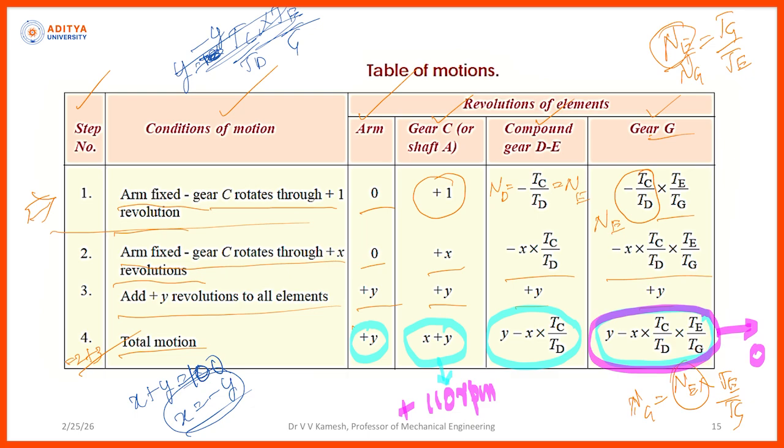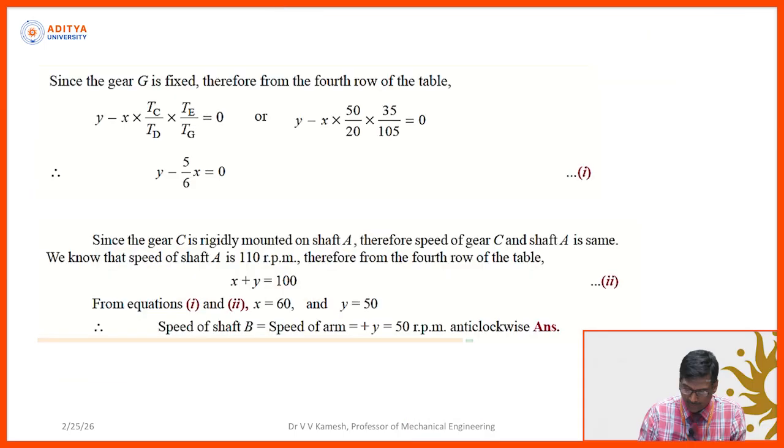No, not actually 0. It is 110. Yeah, X plus Y is equal to 110. X will not be equal to minus Y, right? So two equations: X plus Y is equal to 110 and Y minus X into TC by TD into TE by TG is equal to 0, right? So solve the two equations, I will get X is equal to 60 and Y is equal to 50.